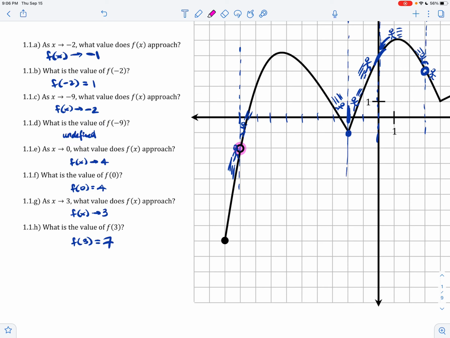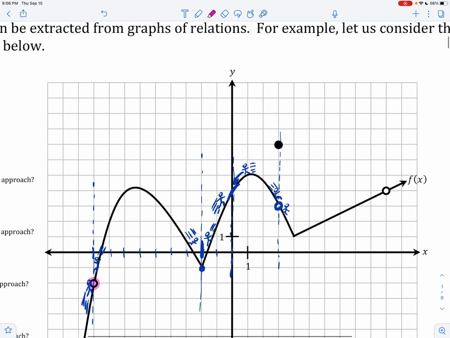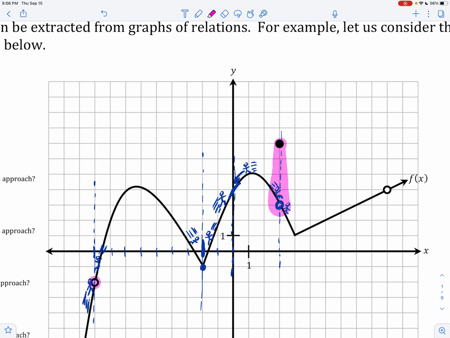Or the function's defined as some completely different value from the limit, but the limit is just what we think we're approaching. Just because it jumps rapidly all of a sudden here doesn't mean we weren't approaching something else before.